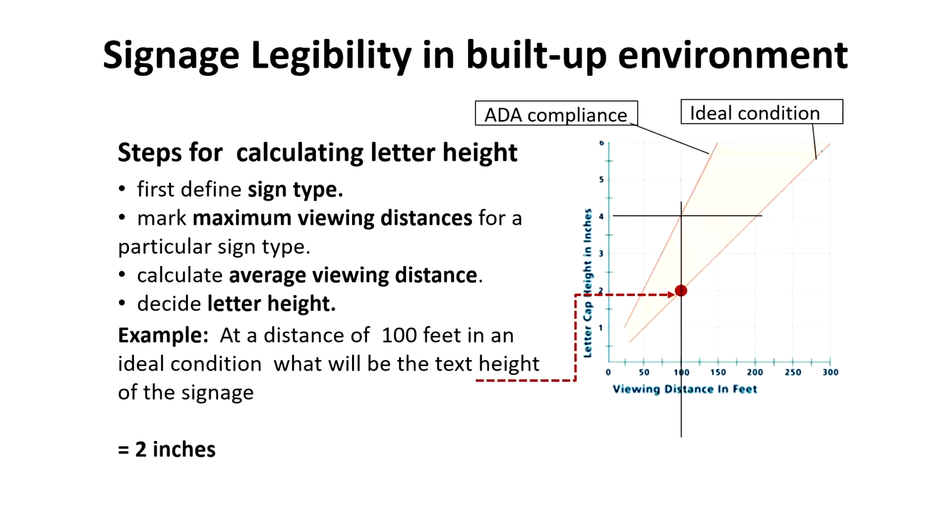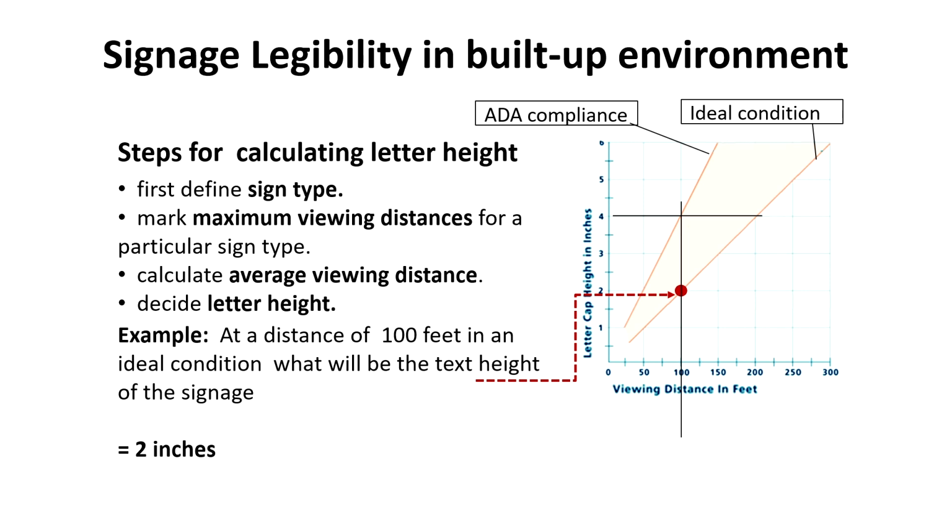Now, we talked about the signages on the road and the signages on the buildings. Now we will be going inside the buildings, to see how signage legibility works in the built environment. For interior signage calculation, the process begins by defining the type of signage we want to use.